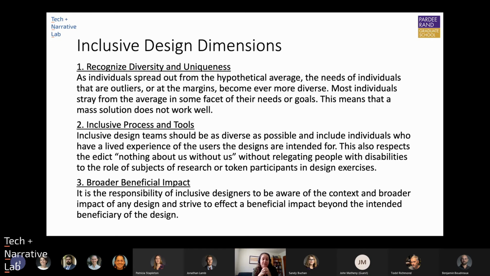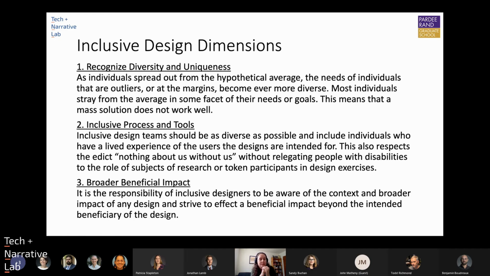You might have heard this phrase, nothing about us without us. And I think that both the inclusive design community and the community partnership community have a lot of existing frameworks that Eiex can use to build this kind of inclusive process.